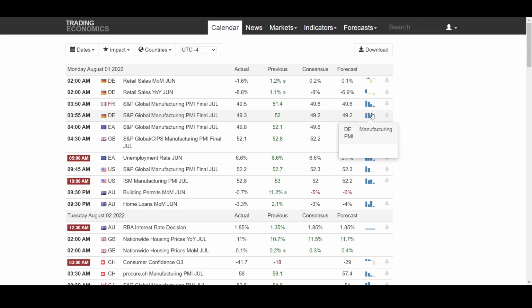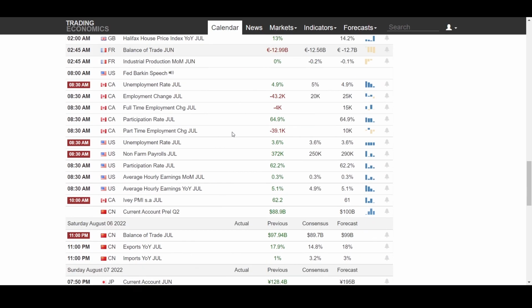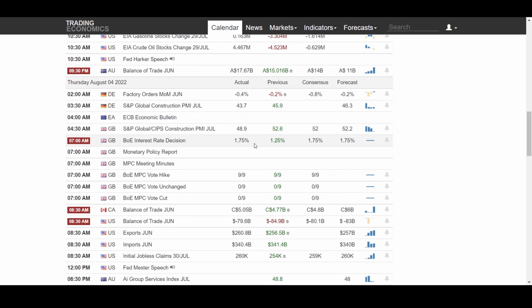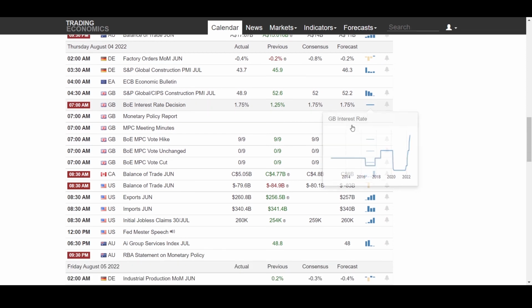In terms of market movers, we already had today the Bank of England's decision, and they raised as expected by 0.5%, and that means that many central banks are following their previous guidance that was set in the first and second quarter of this year. So the economy is right now developing as expected.